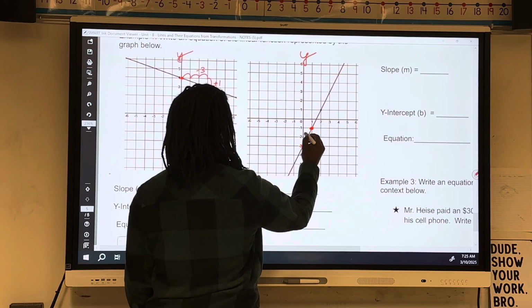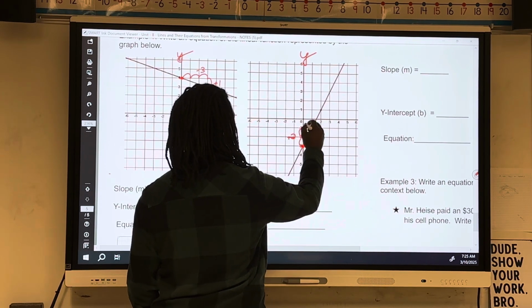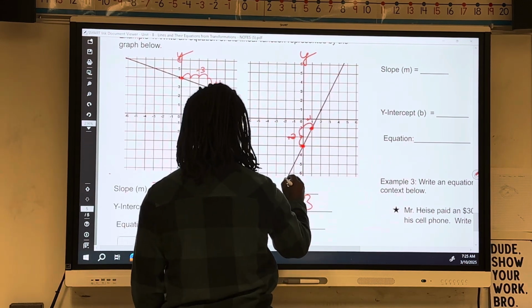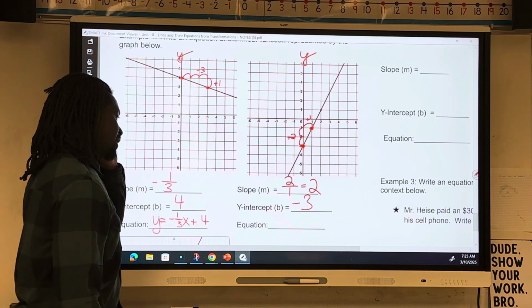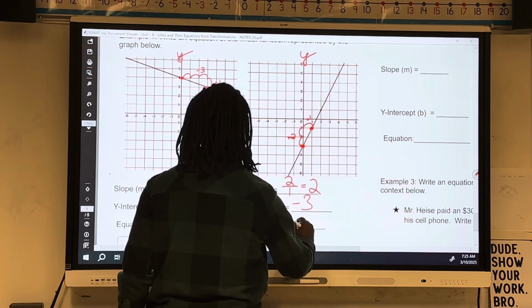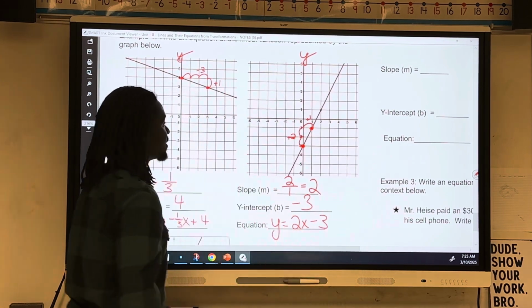I'm going to do rise over run: I went up 2, and then I ran 1. So my slope is 2/1, or just 2. My equation then is y equals 2x minus 3.